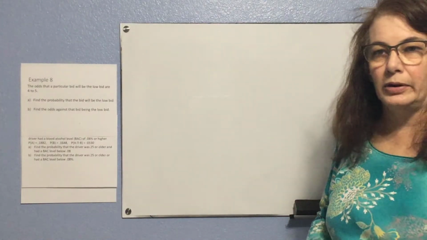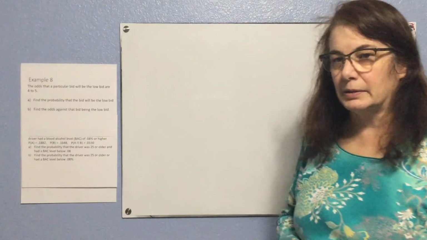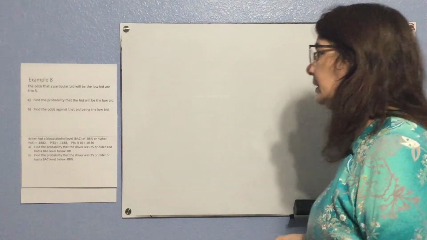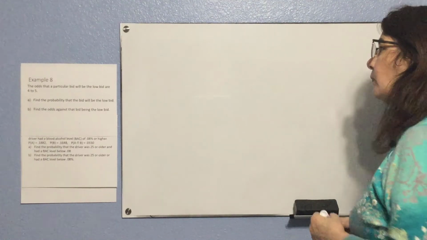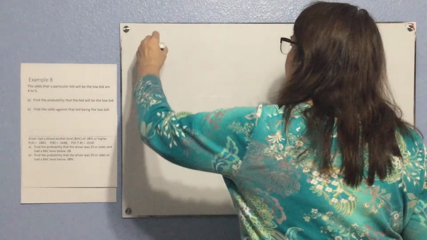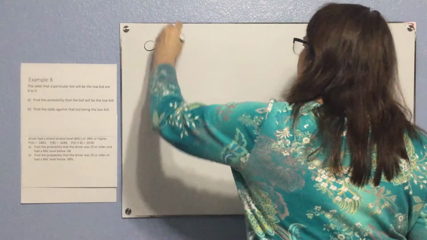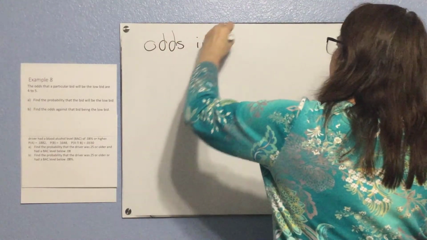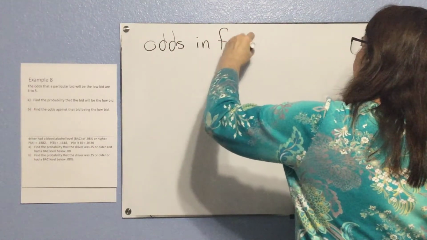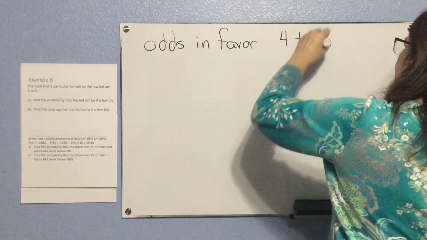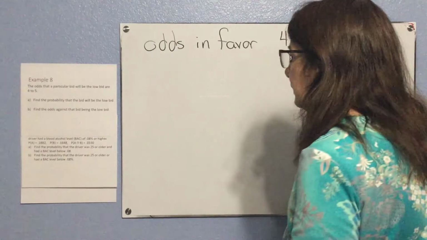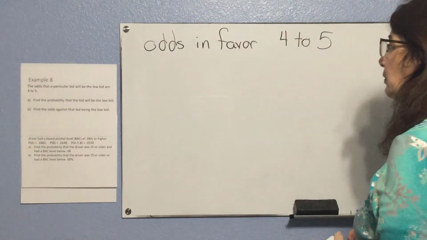Let's work now on going from odds back to probability. So the odds that a particular bid will be the low bid are 4 to 5. So the odds in favor, 4 to 5. Find the probability that the bid will be the low bid.